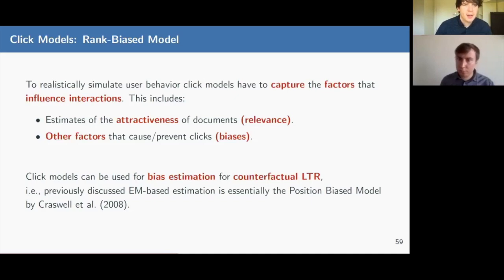And actually, one of the methods that we discussed so far, this EM optimization to estimate position bias, looks very similar to some existing click models work, basically the position-based model. So it's very related, and we mostly see click models in bias estimation.